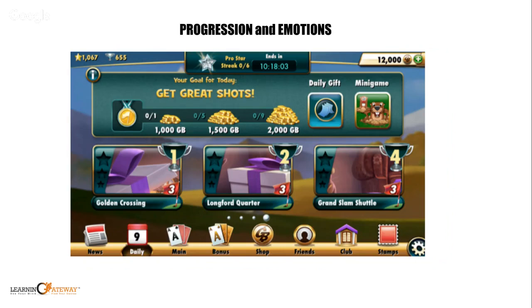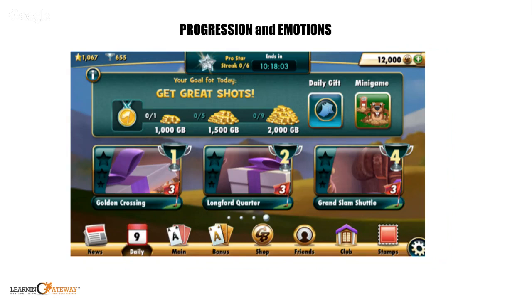It works to a point. It works until it doesn't work. And the flip side of using that strategy is that maintaining the streak trades on the same emotional need for completion that the goal gradient does physically, visually. The streak also is trading on the same thing. We don't want to break the streak, we want to continue.